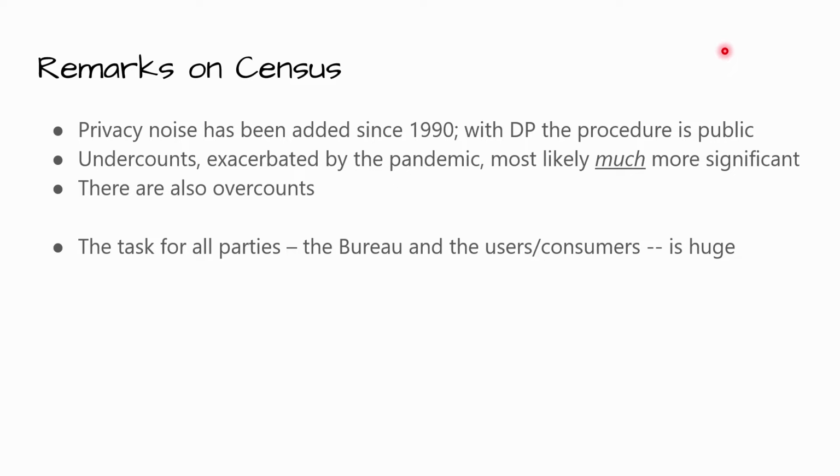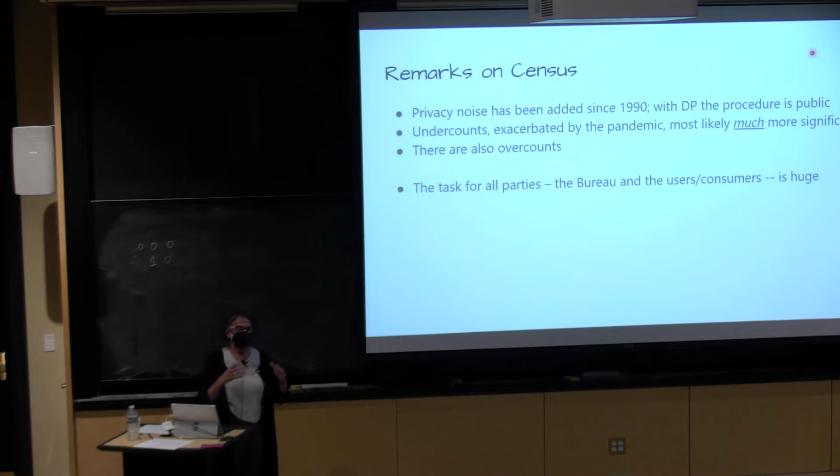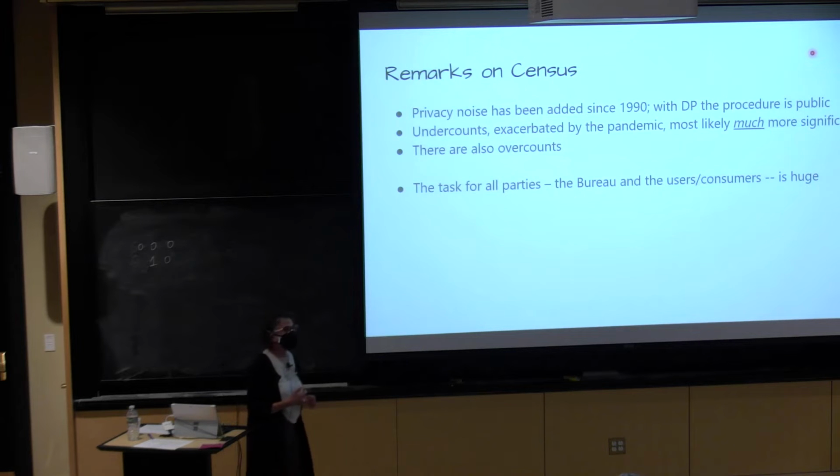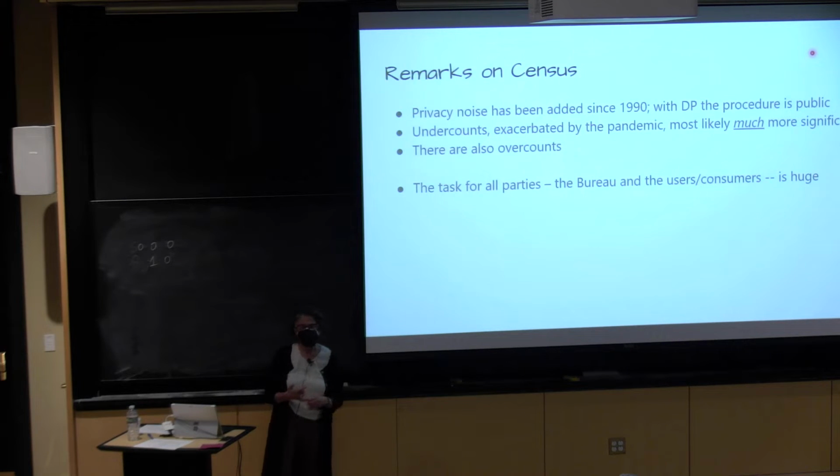Okay, so there's a lot of error, and there are some interesting things coming out now about the noise from differential privacy being completely swamped by the errors that came from other sources. And those errors don't have such nice distributions either. But seriously, the task for all parties, both the Census Bureau and the users and the consumers of census data, is absolutely huge.